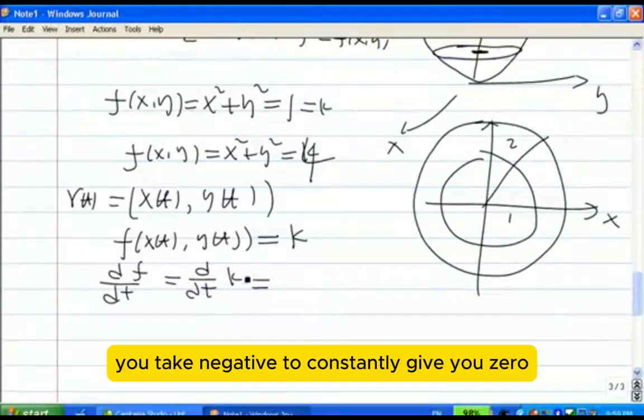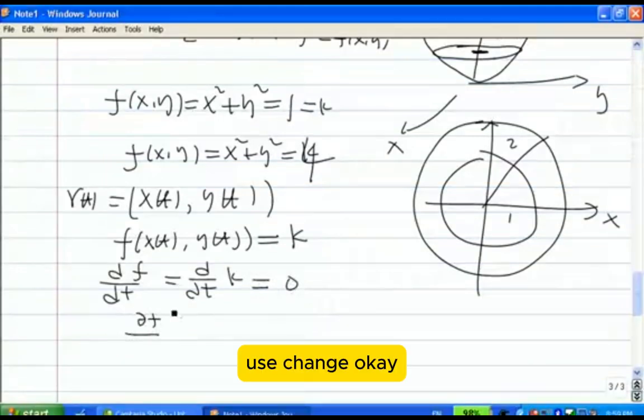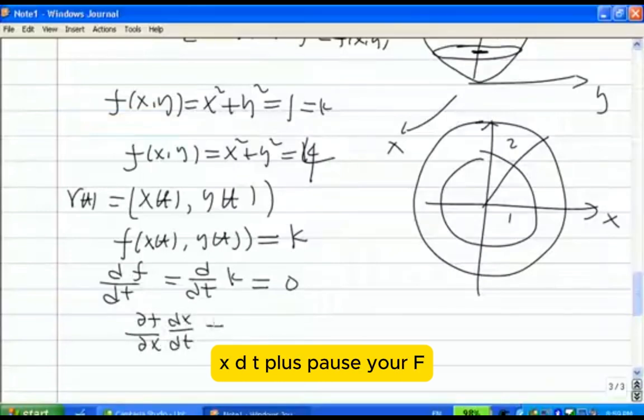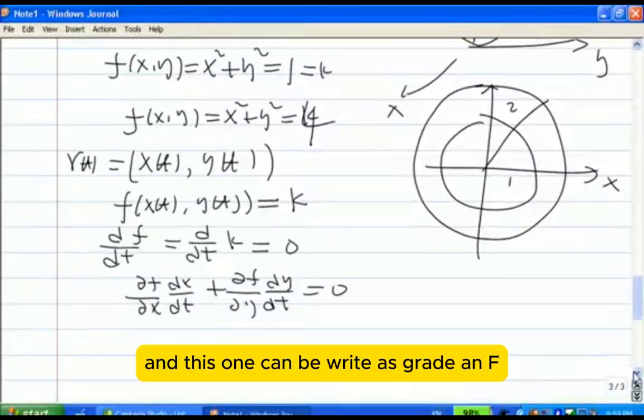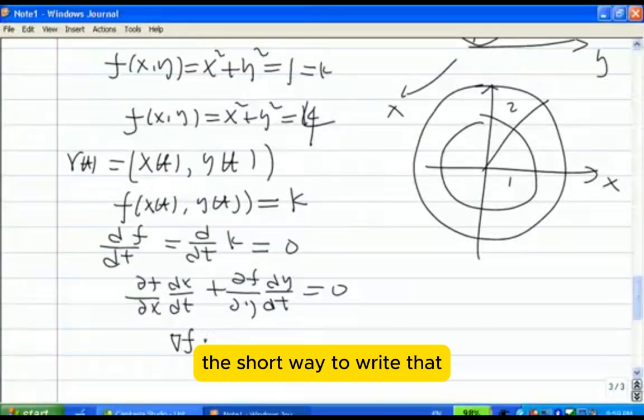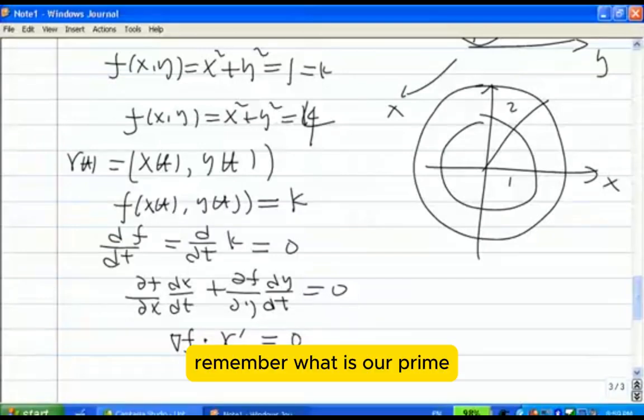The right hand side, you take the derivative of a constant, gives you 0. The left hand side gives you, using the chain rule, partial f partial x dx/dt plus partial f partial y dy/dt. The right hand side is 0. And this can be written as gradient f, the short way to write that, dot r prime equal to 0. Remember what r prime is?